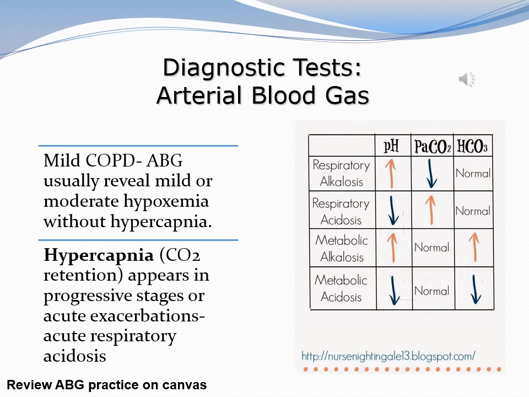So an ABG gives a very good indication of how severe a patient's COPD has progressed. Now, in an exacerbation, this may be worse and may also be used as a tool to help diagnose COPD exacerbation and to monitor whether or not the treatments that we're giving that patient are working.